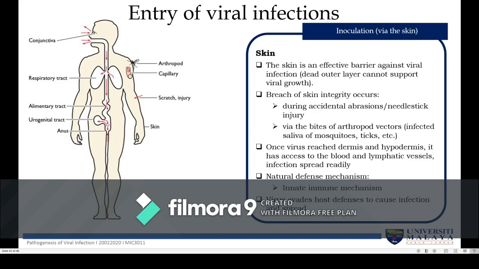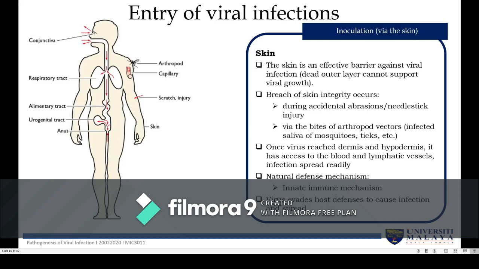So the first one is inoculation. We call it inoculation, more like introduction. Yeah? Inoculation of the virus. Under inoculation there are two, yeah, via the skin and also the mucosa. So via the skin is an effective barrier against viral infections because it is a dead outer layer that cannot support viral growth. So if the virus is there, it will die because the skin cannot support it. Yeah?